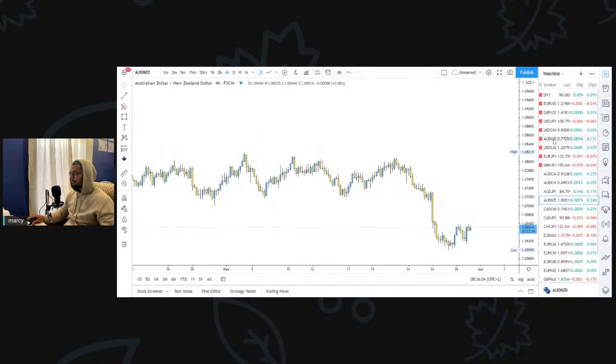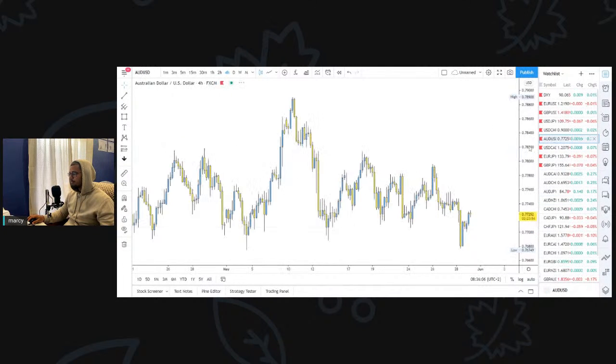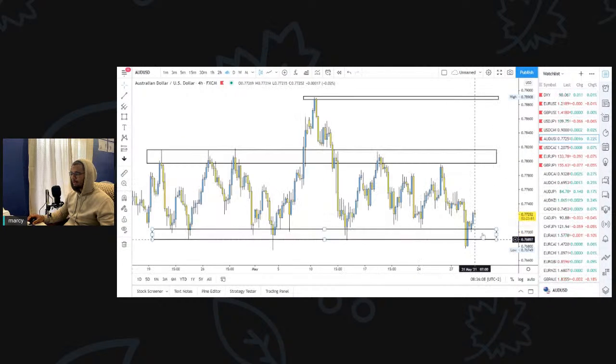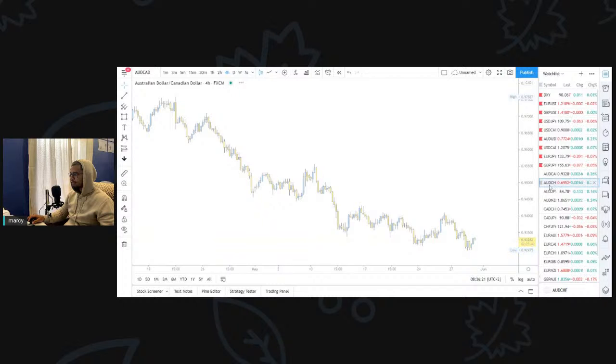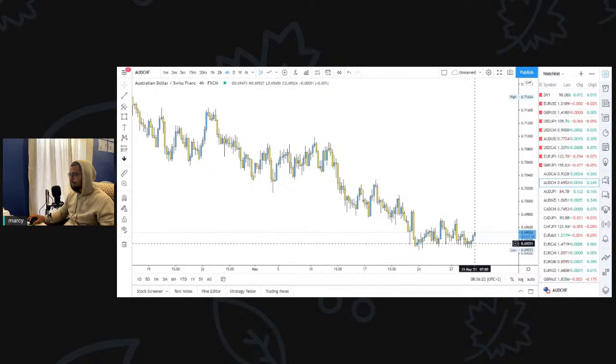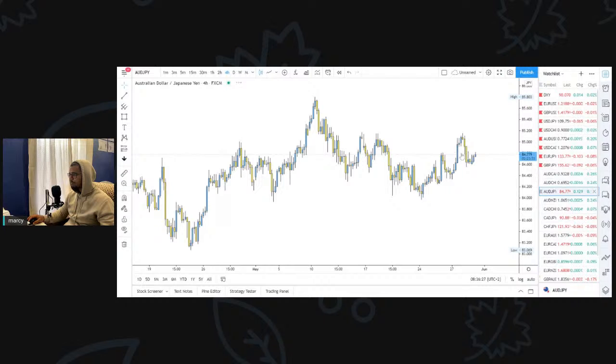Okay, so with AUD USD, we are in quite a bit of a range. Now, this range is quite huge. I am expecting dollar weakness. However, I'm not too sure if AUD is going to give me enough strength. But looking at this, like most of the AUD pairs, there is a bit of strength stepping into the market on AUD specifically on the last couple of 4 hour candles.